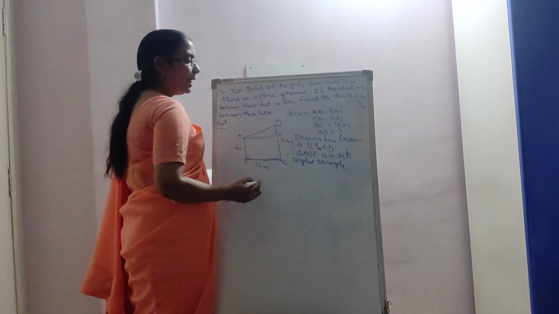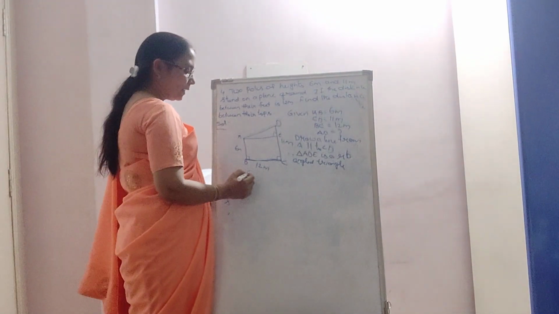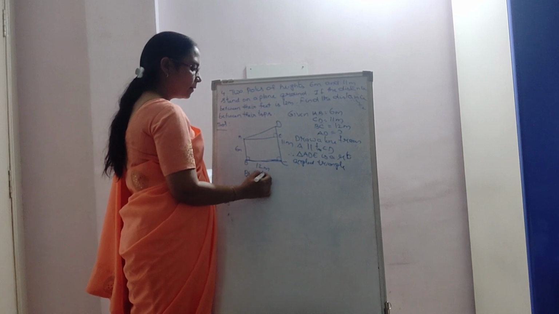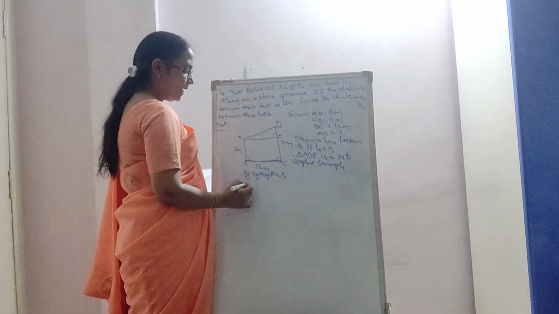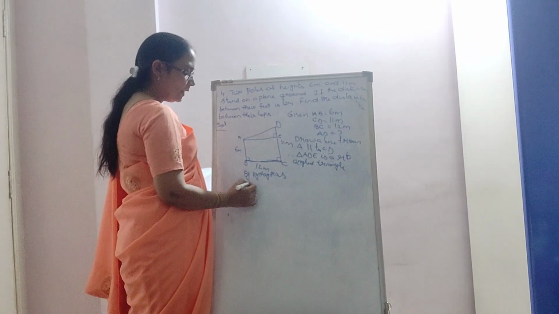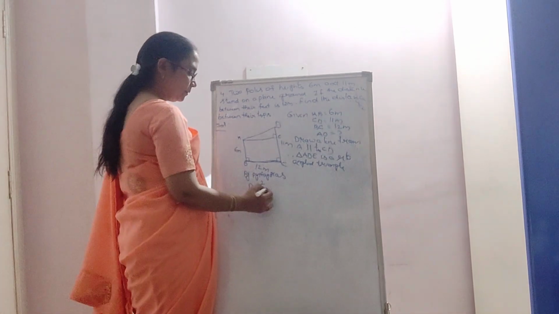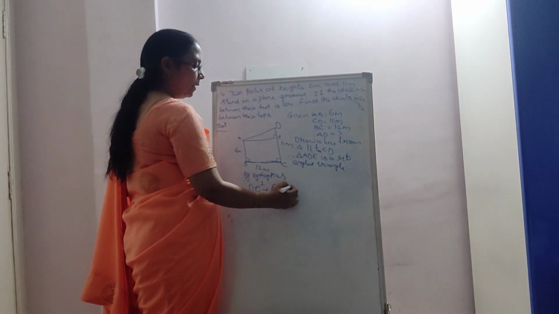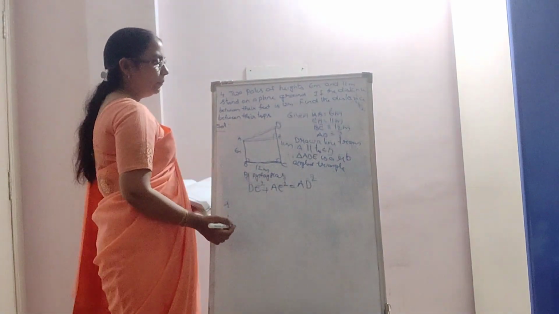Because triangle ADE is a right angled triangle, we can apply Pythagoras theorem. So, by Pythagoras, we can write DE square, DE will be one side, AE will be one side, and hypotenuse will be AD, which is equal to AD square.